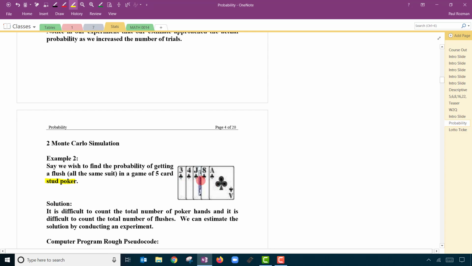And it's a hard thing to calculate directly, maybe, because it's hard to count all the different ways that this can happen. Even if I just focused on clubs, how many different flushes are there from clubs? And in this sort of thing, you have to worry about, does the order matter? And the answer is no. If I have the cards 3 of clubs, 4 of clubs, jack of clubs, 8 of clubs, ace of clubs, I could mix them around any way I want, and it's still the same flush.